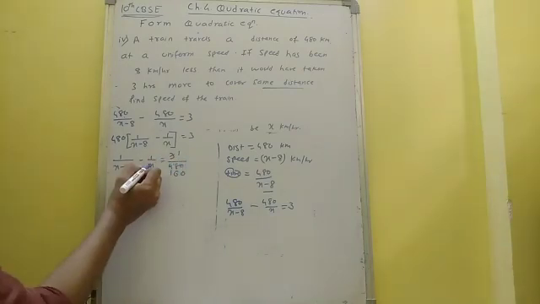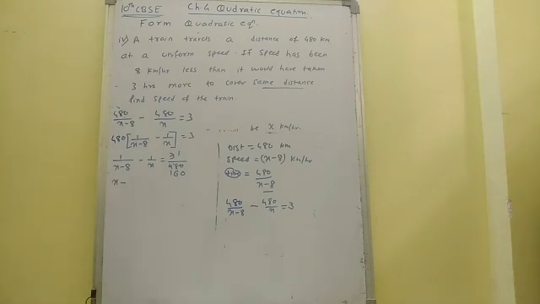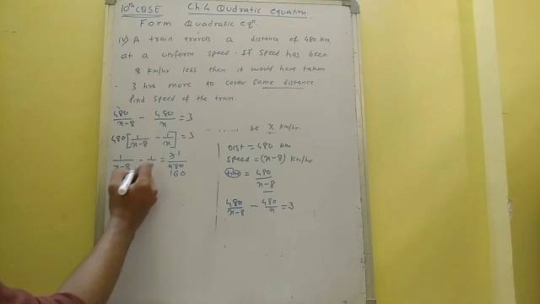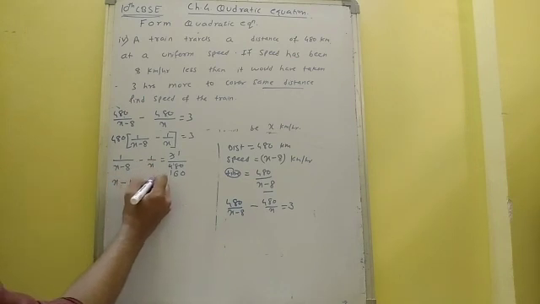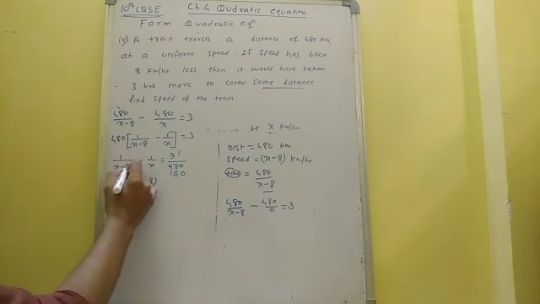Now cross multiply: x into 1, x minus 8 into 1.